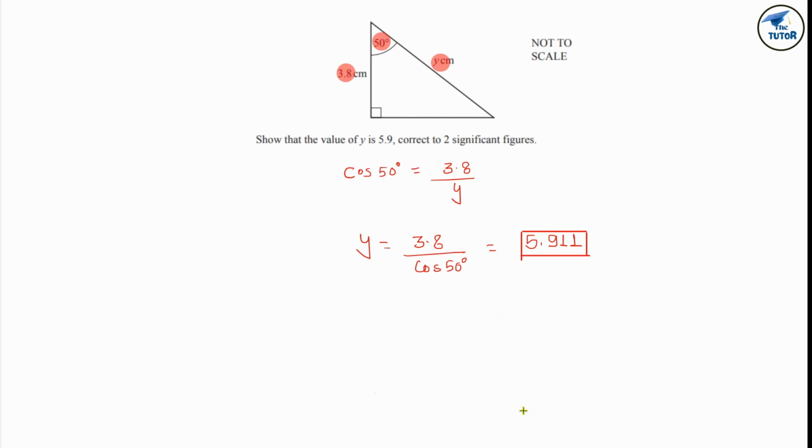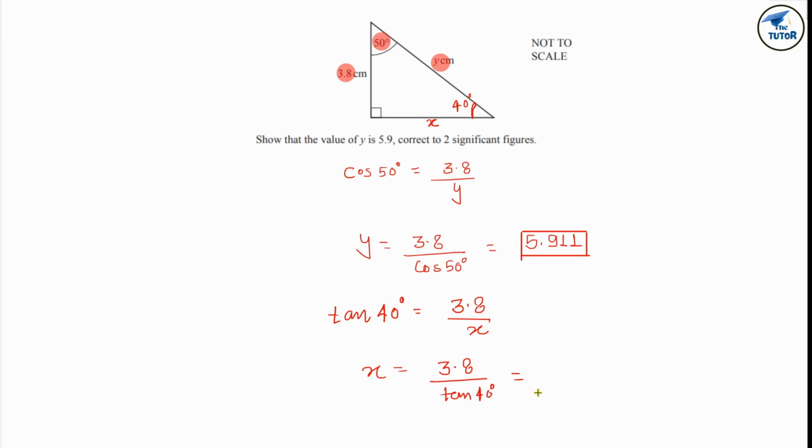We can also find the x. I'll continue using 50 as my theta. So tan 50 is equal to opposite, which is x, over adjacent 3.8. Sir, 2.432 is equal to x.